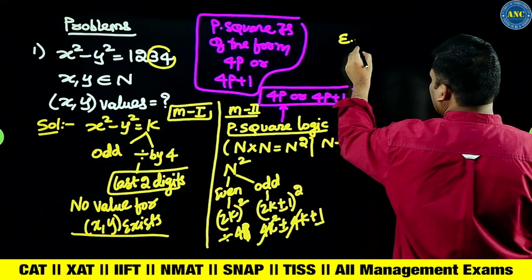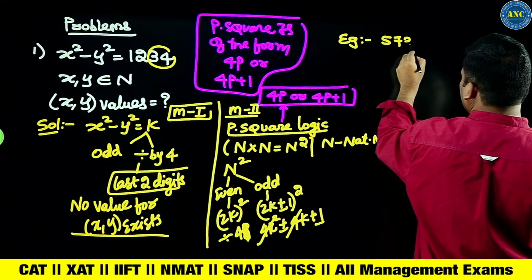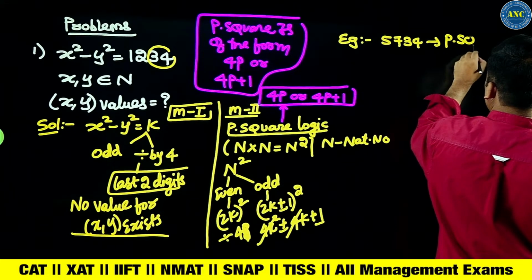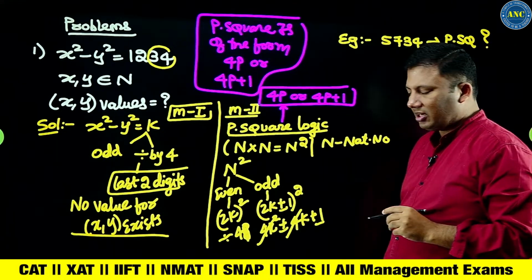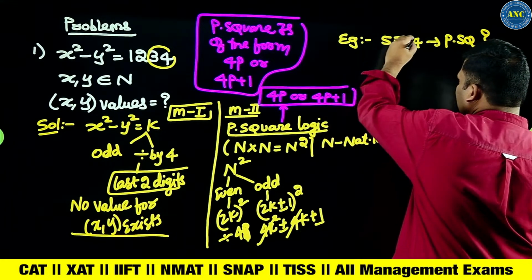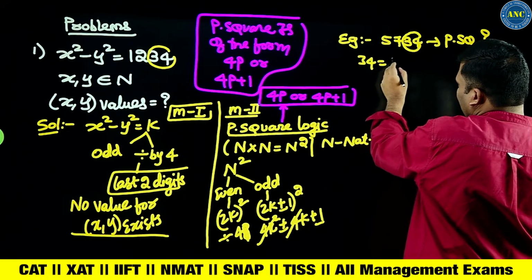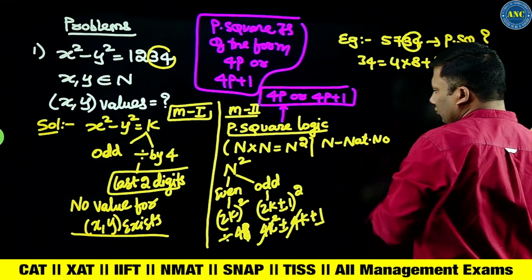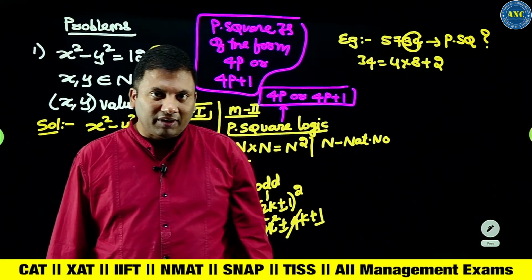Examples. 5734. Is it a perfect square or not? What are the last two digits? 34. 34 is 4 into 8 plus 2, so it is of the form 4k plus 2. If it is of the form 4k plus 2, will it be a perfect square?